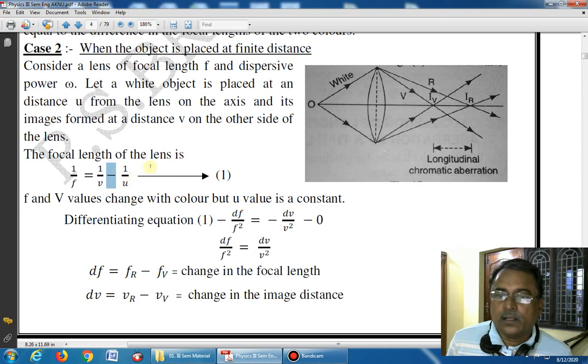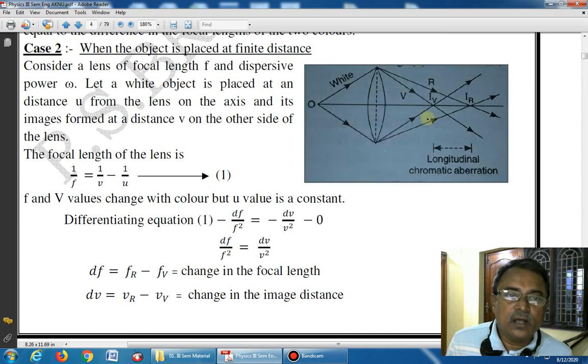What does sign convention mean? It is the convention in measuring distance. Suppose the measurement is along the light ray, V is taken from the lens to the image of the object, and the light rays are moving in this direction.